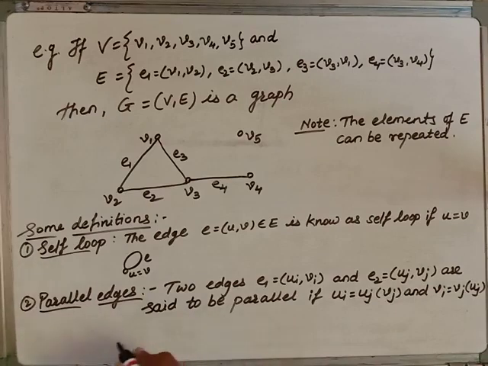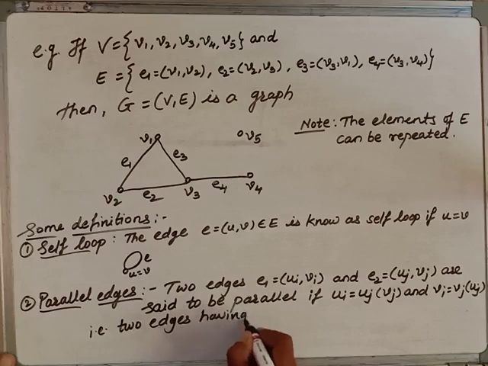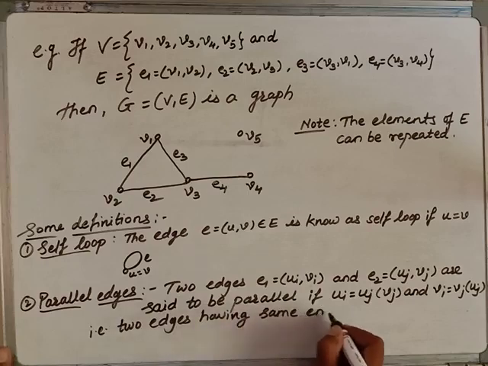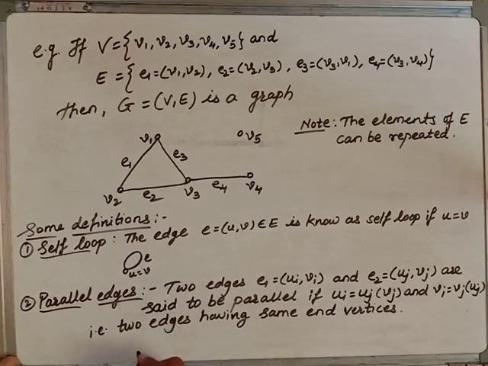That is, two edges having the same end vertices.